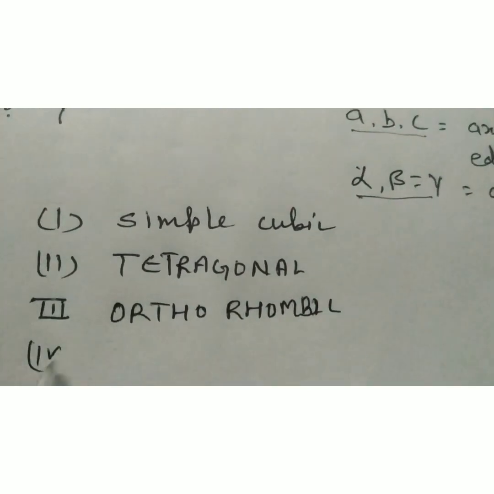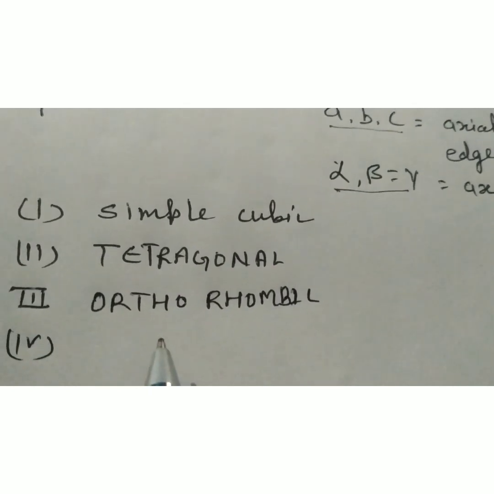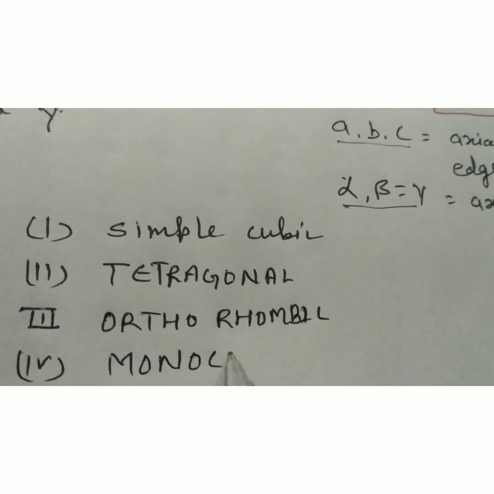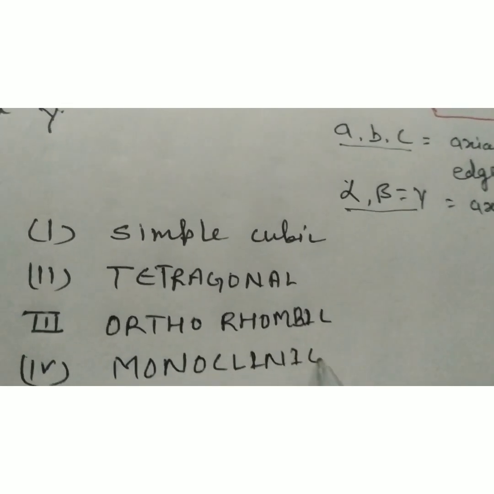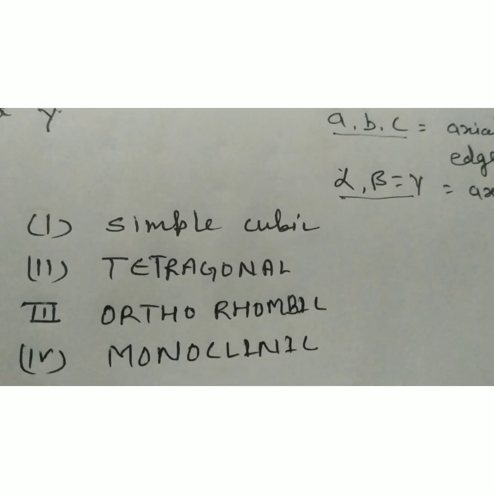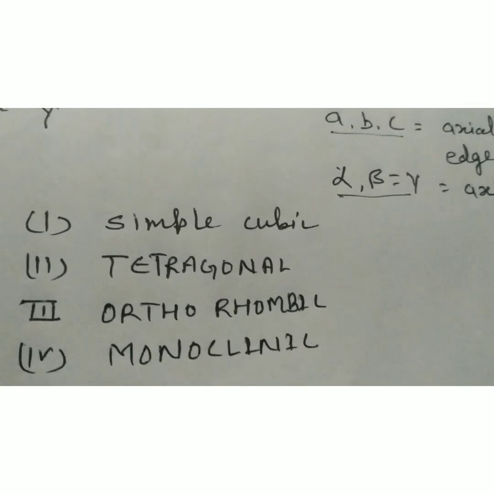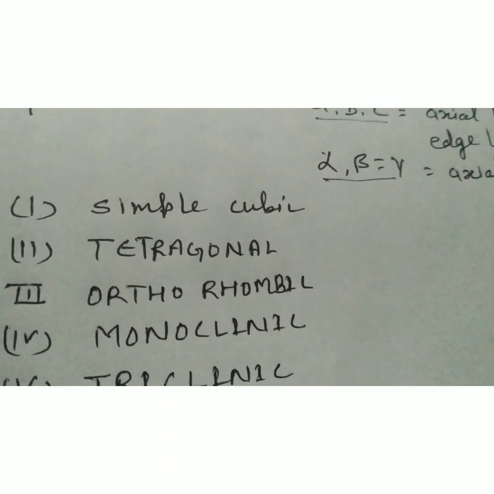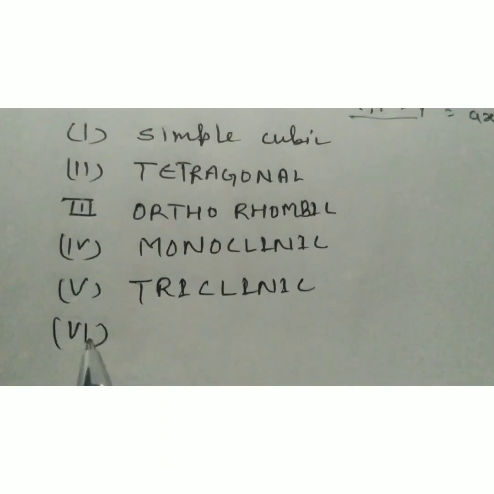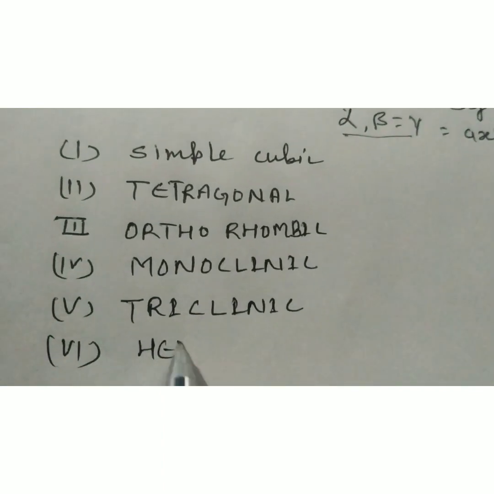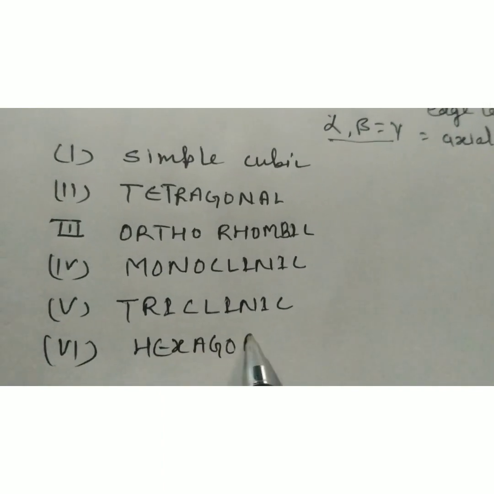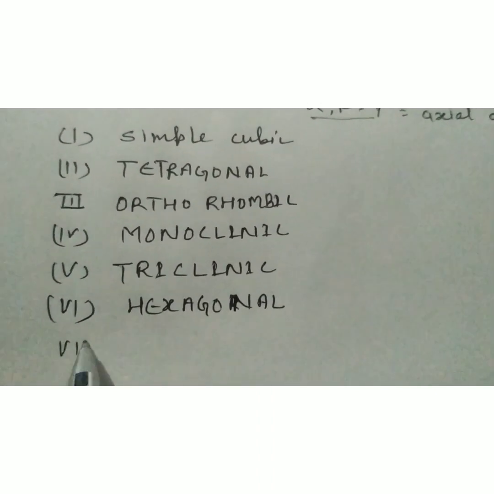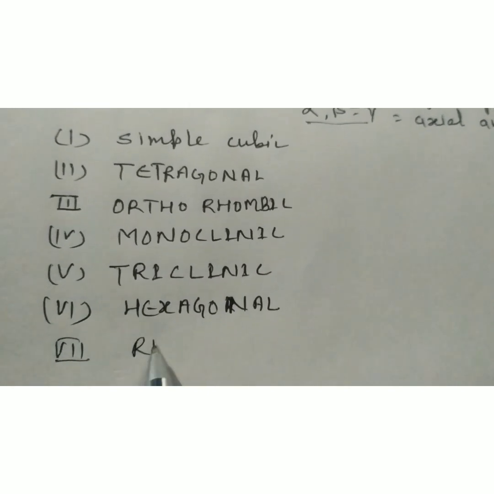Fourth one is monoclinic. Fifth one is triclinic. Sixth one is hexagonal. And seventh one is rhombohedral.